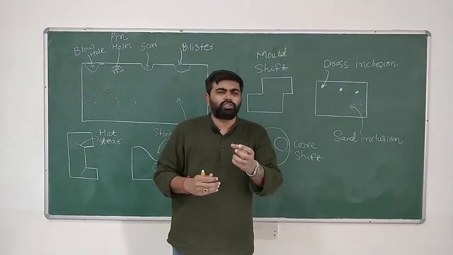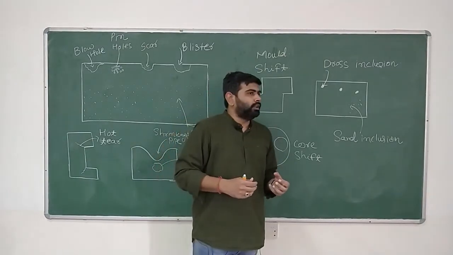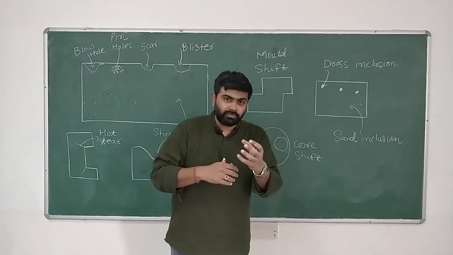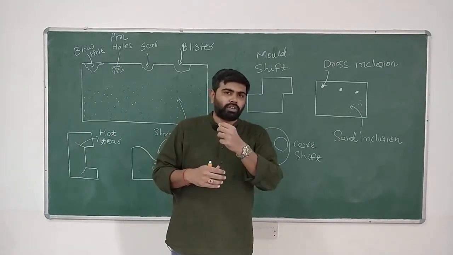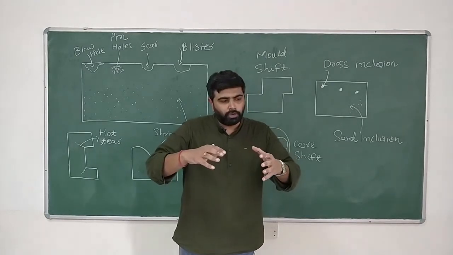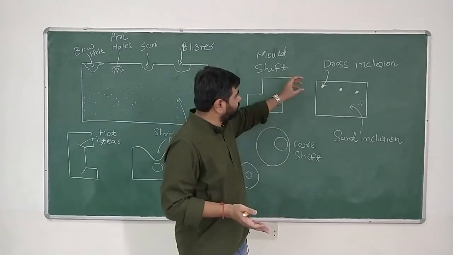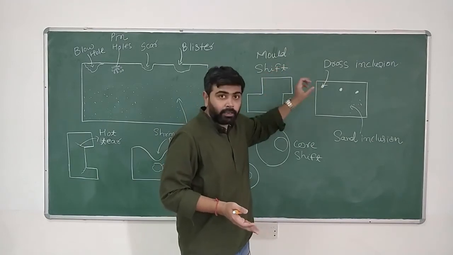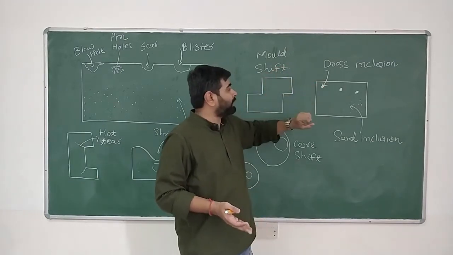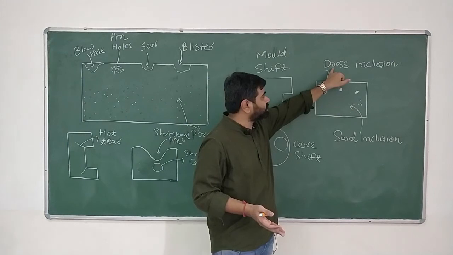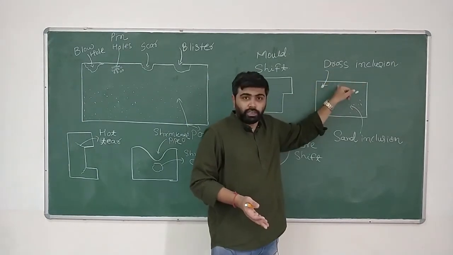An oxide layer is also called dross. Now, if we are not able to remove all the oxides which are present in the liquid metal, then they will remain in the component produced by the metal casting process in the form of dross, and that is called a dross inclusion.